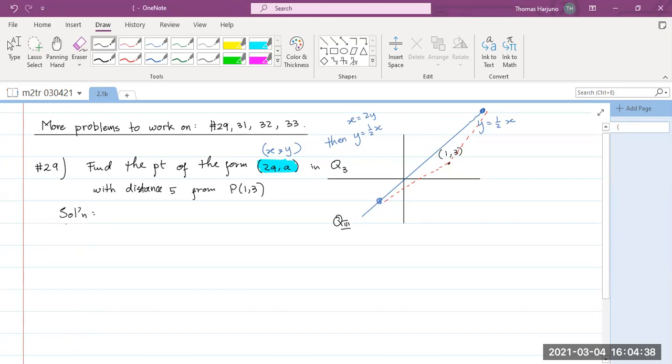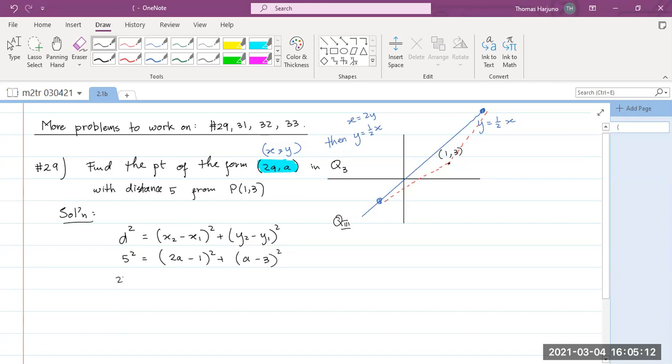We start with the distance squared equals x2 minus x1 squared plus y2 minus y1 squared. That's the distance formula for d squared. Now the distance is 5, so I replace d by 5. Okay, x2 is 2a, x1 is 1, plus y2 is a, y1 is 3.